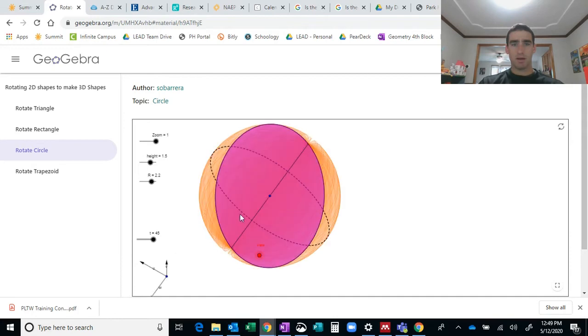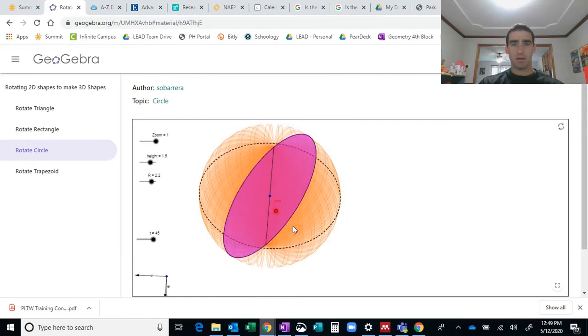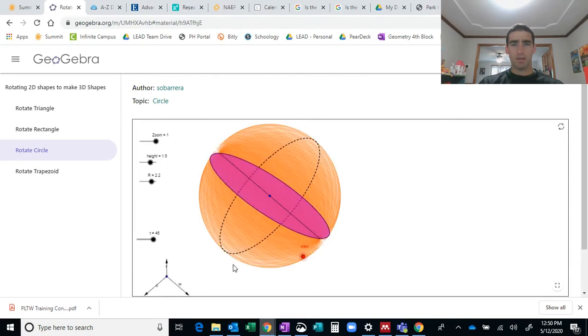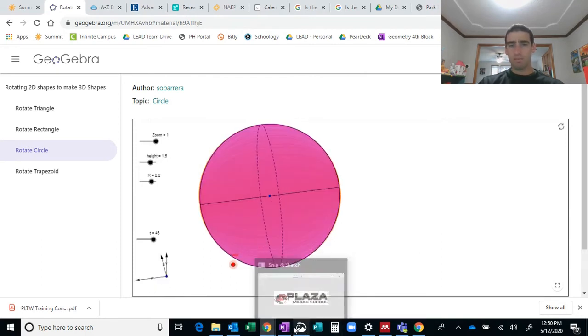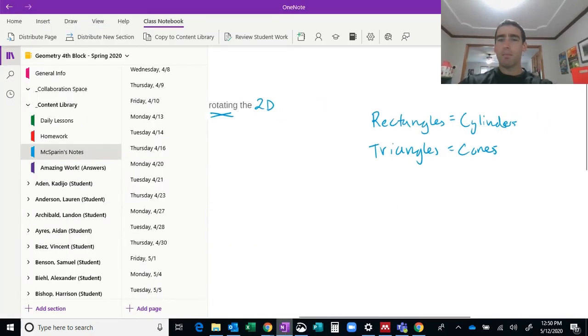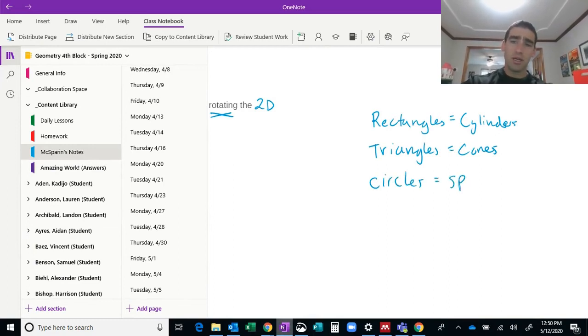This one's kind of hard to see, isn't it? The colors make it hard to see. But what you should notice is that when you rotate circles, and this is always the case for circles, they make spheres.